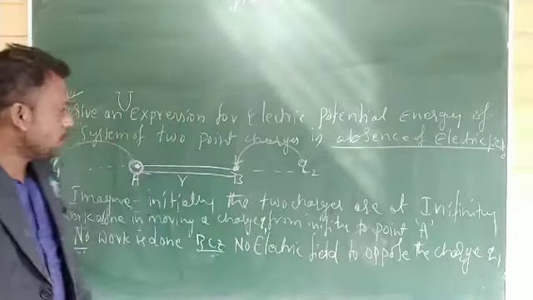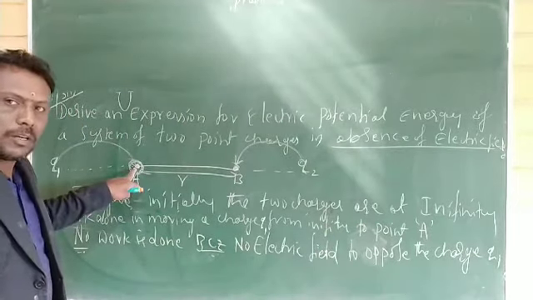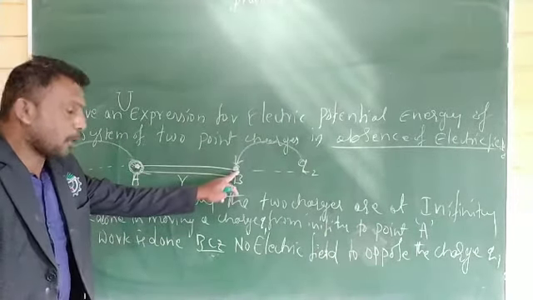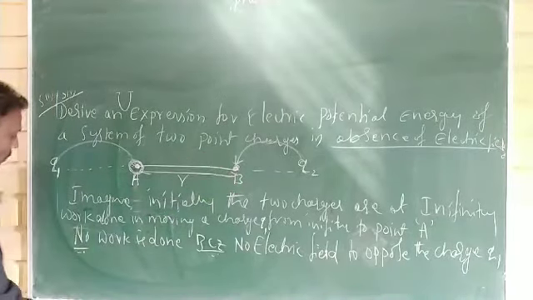Therefore, after placing a charge Q1 at point A, what is the electric potential at point B? That is V1.